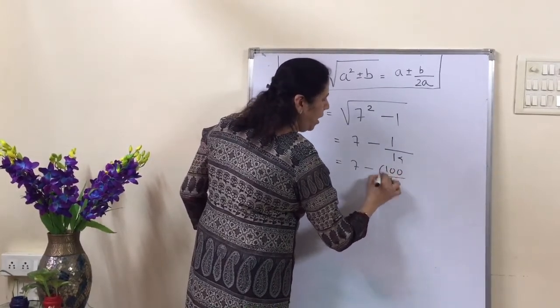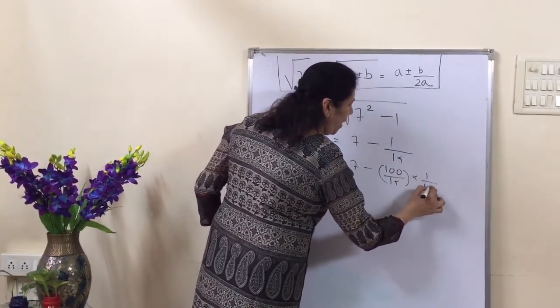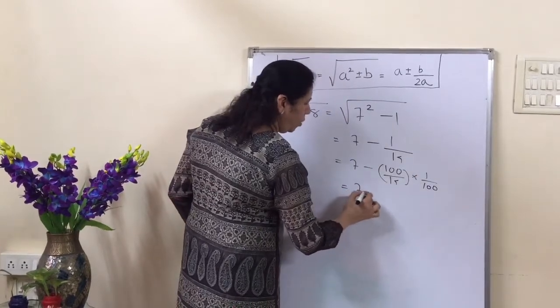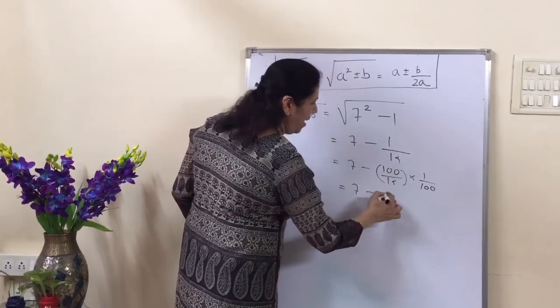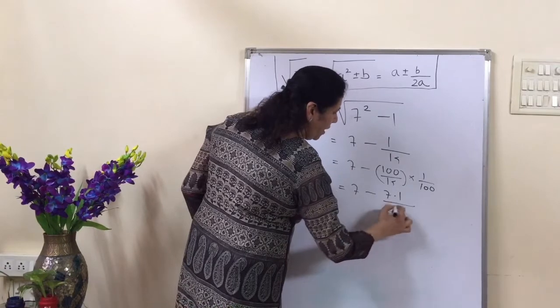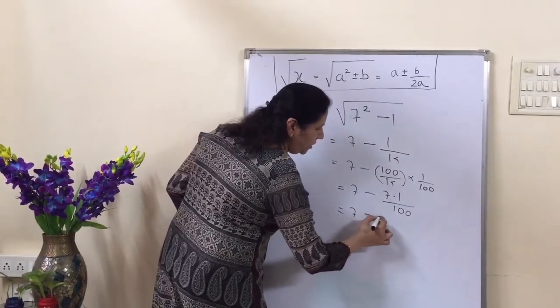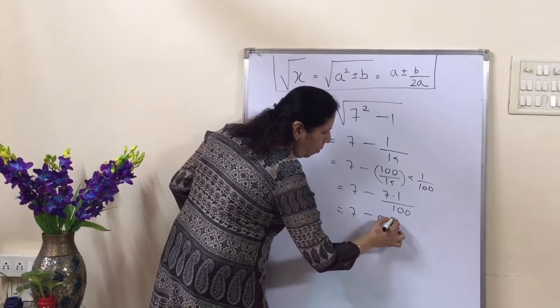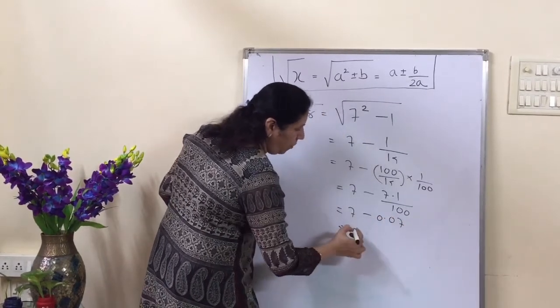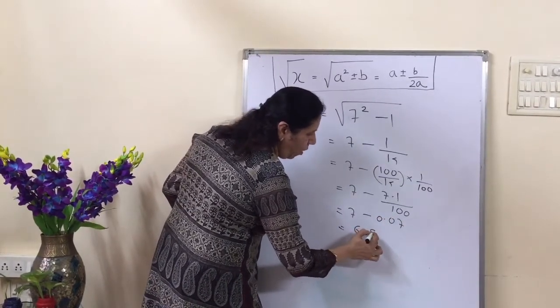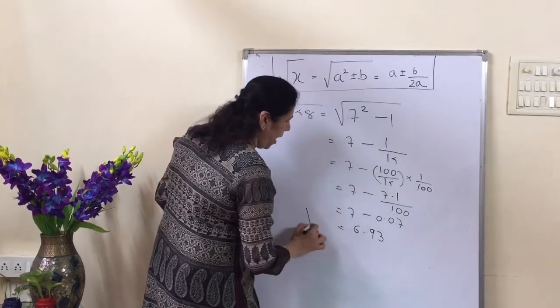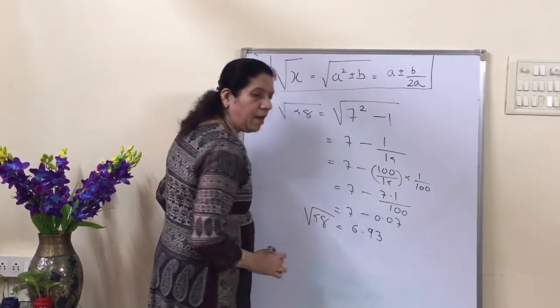So this is 100 upon 14 into 1 upon 100. Now when you find out this, 14 7s are 98. So this is approximately 7.1 divided by 100. So this is 7 minus 0.07. So approximately answer is 6.93. So your answer square root of 48 is 6.93.